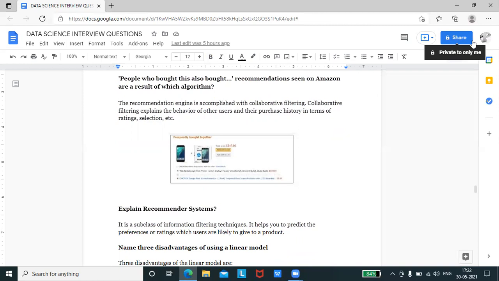So recommendation systems are everywhere now, in YouTube, in Instagram, in Netflix, in Facebook, in Prime Video, in Amazon. Recommendation systems are an important class of machine learning algorithms that offer relevant suggestions to users. They are categorized as either collaborative filtering or content-based systems.